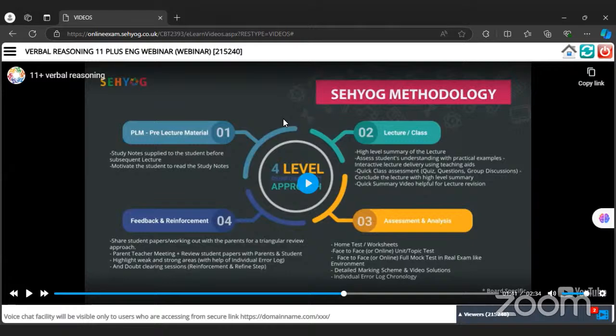For the assessment and the analysis, we give you proper feedback on the dashboard, with an analysis of the entire test marks for your child, wherein you can view the progress of your child in that particular class or the topic that he's been doing. And when I talk about the fourth level, you will be having PTMs, that is a parent teacher meeting.